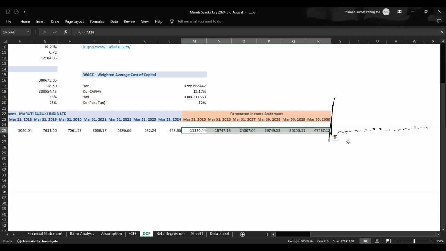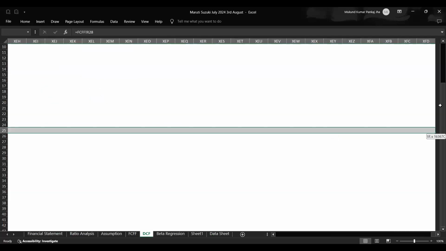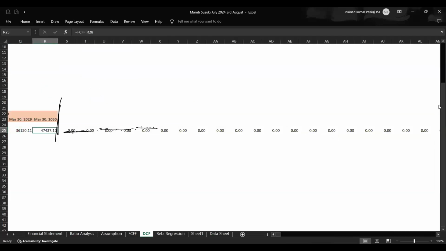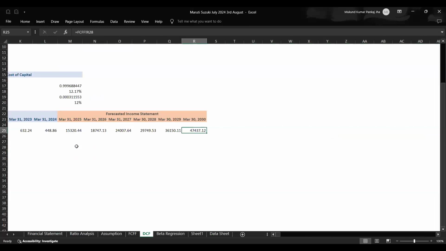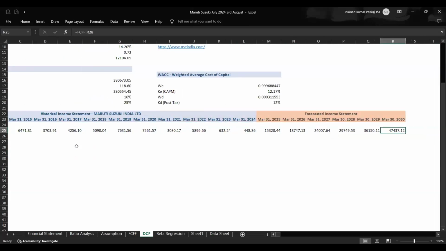Now the challenge over here is to calculate the future cash flows. Can I just keep on forecasting the future cash flows for perpetuity? The answer is no. So what we do is we try to calculate the terminal value.